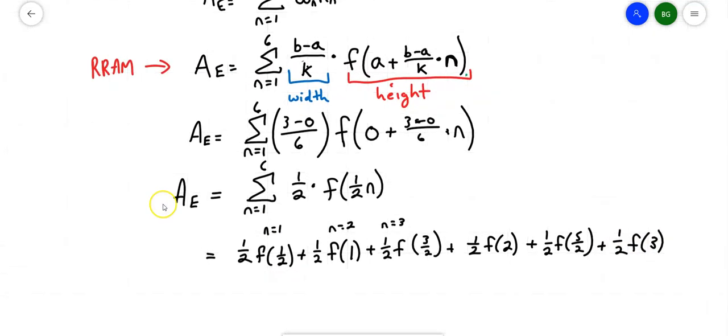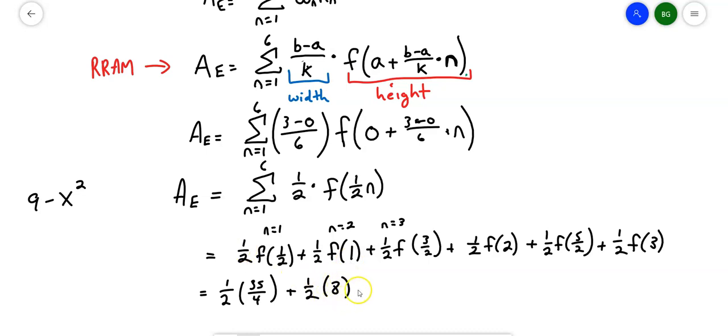And I think just to get a sense of closure, we ought to actually evaluate this. Recall that the rule for our function is 9 minus x squared. So when I plug in 1/2, that's going to be 9 minus a quarter, or 8 3/4. So I have 1/2, 8 3/4, that's 35/4, plus 1/2. Plugging in 1 is easy, I'm just going to get 8.